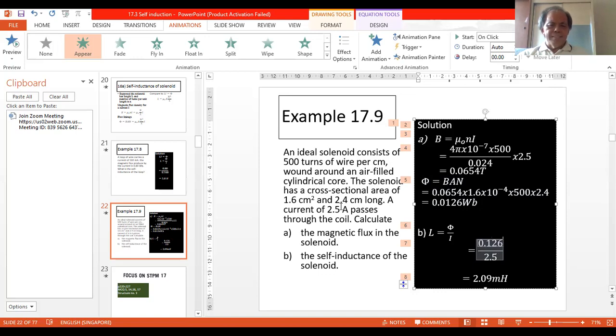Divide by the current, 2.5. Okay, so I get 503, 503 millihenry.